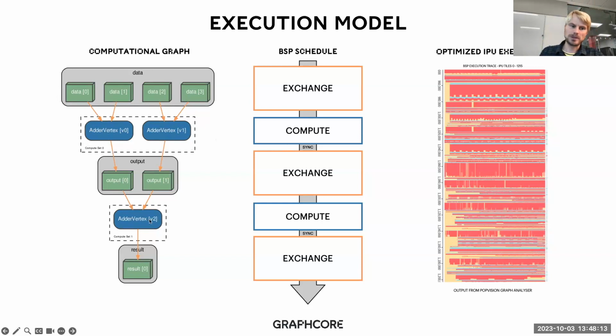Those outputs in their turn will be used by another compute vertex, and so on. So these are structured on the processor as data exchanges between the cores and then computation phases, while all the cores run on the local data. And there are synchronization phases after each compute phase and before the exchange phases.